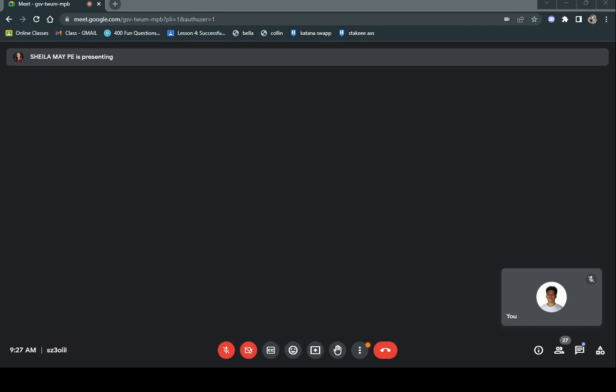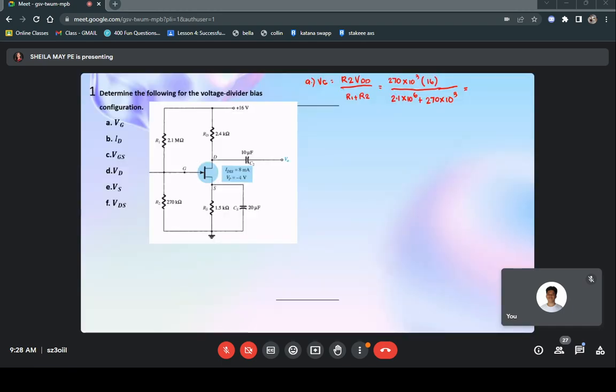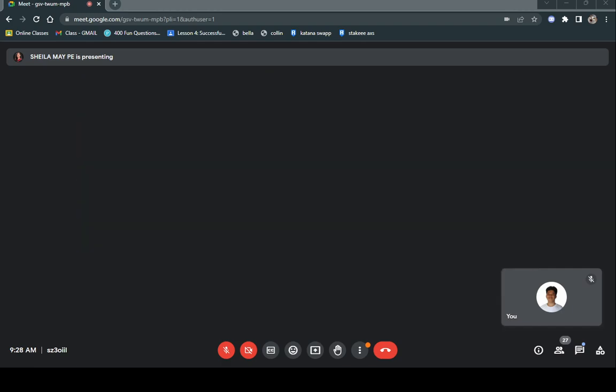R2 is 270,000, or 270 times 10 to the 3. VDD is 16. R1 is 2.1 times 10 to the 6 because that's capital letter M, mega, plus R2 which is 270K. So this would give 1.82 volts.